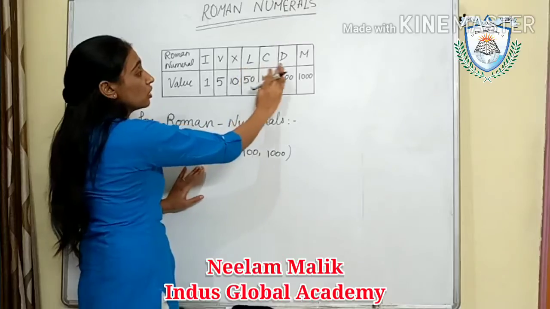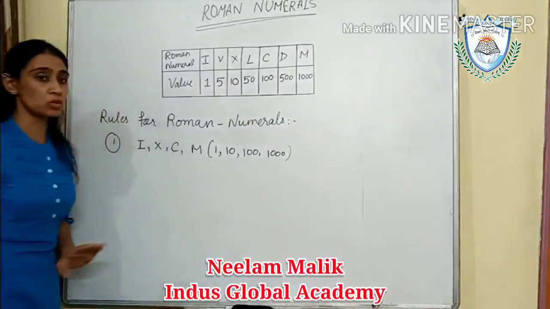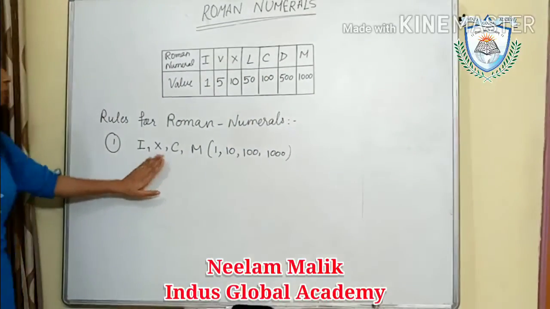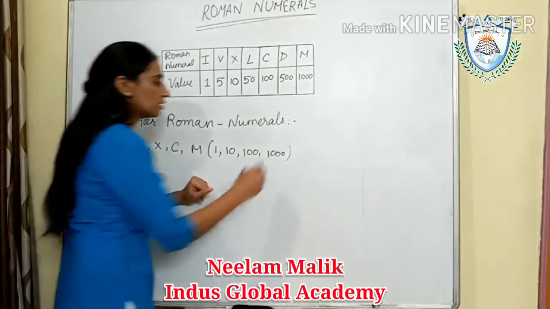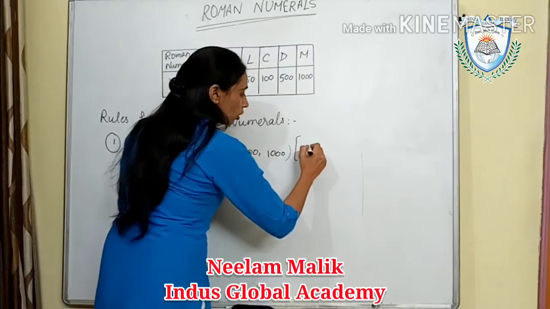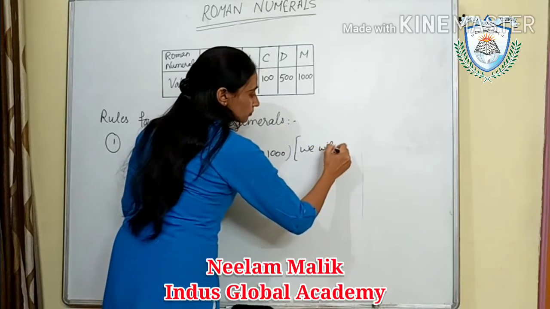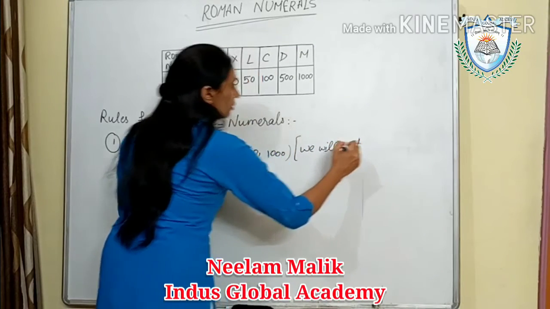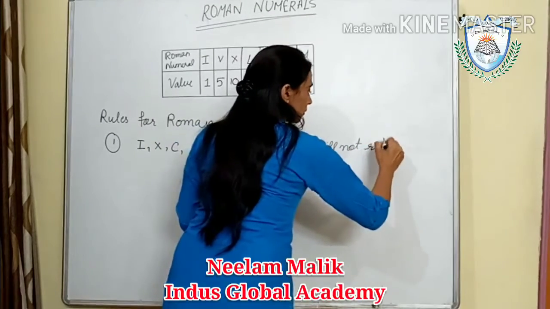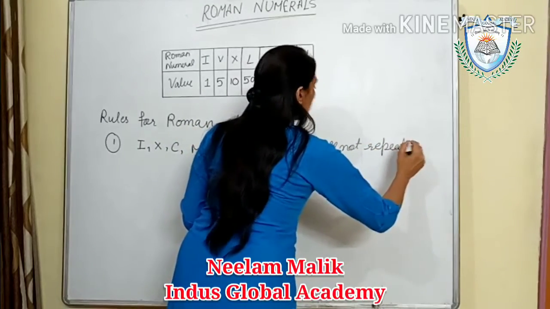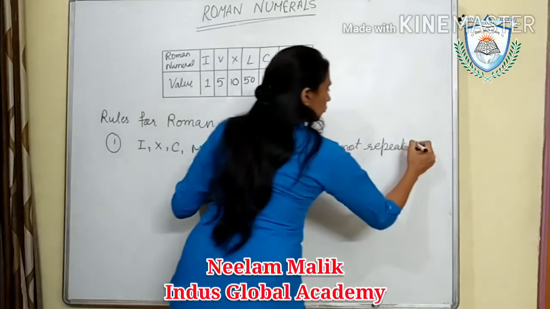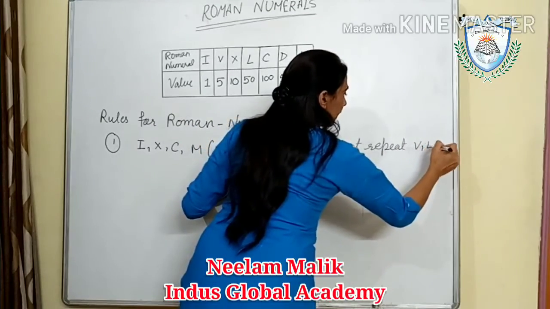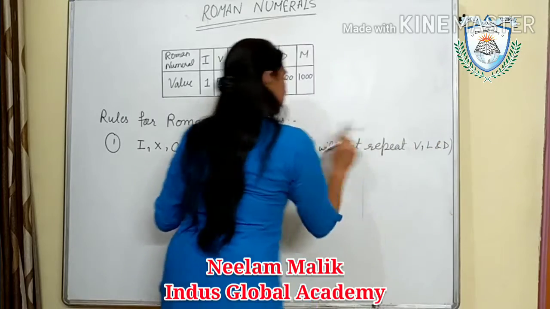We cannot repeat D also. If we want to form other numbers, we will repeat only these 4 letters, and we will not repeat V, L and D.